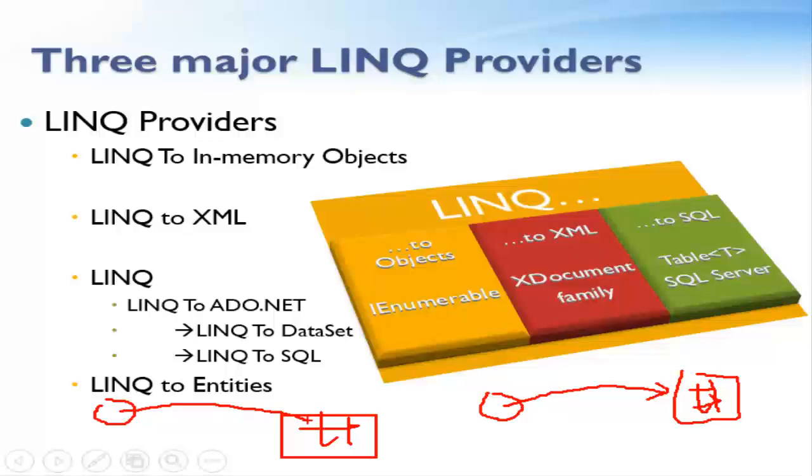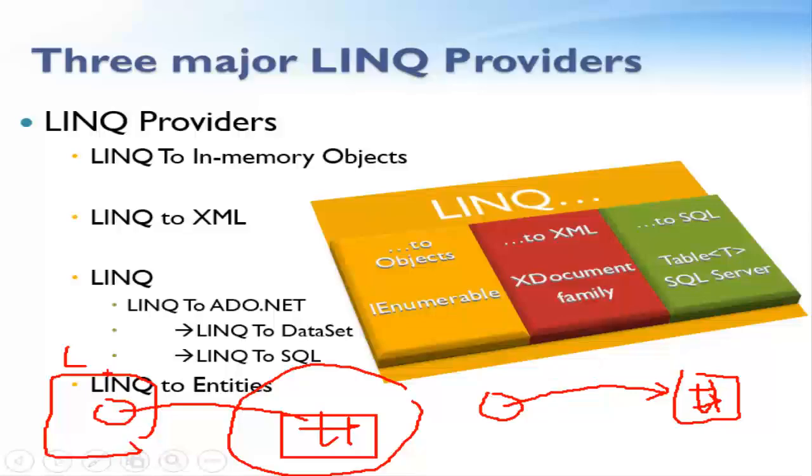In other words, the fields of the object need not be the same as the fields within the table of a database. So when you try to use Linq to entities, the model that you get is a logical view of the schema which is there in the database. So this is just a logical picture of the schema.